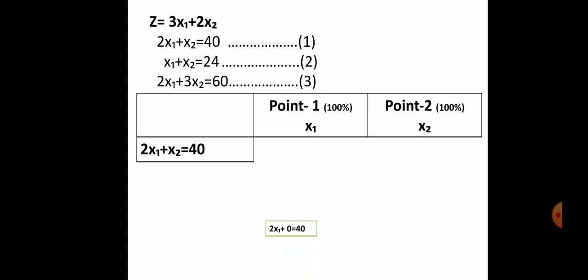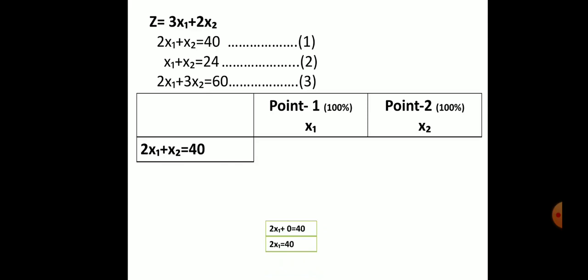Here we are not considering x2, so we remove the x2 value. So 2x1 plus 0 is equal to 40, so 2x1 is equal to 40.